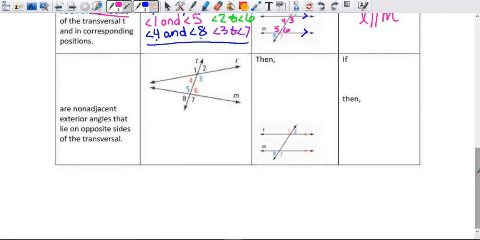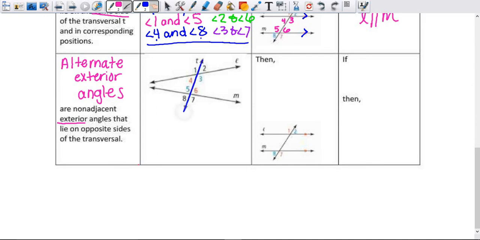And the last type is alternate exteriors. Alternate exterior angles are non-adjacent, so again, not next to each other, exterior angles that lie on opposite sides of the transversal. So very similar to alternate interiors, except now we want to use ones that are on the outside of my lines.